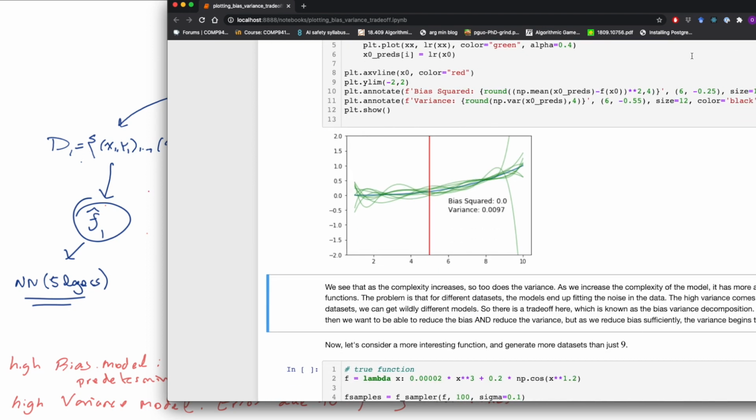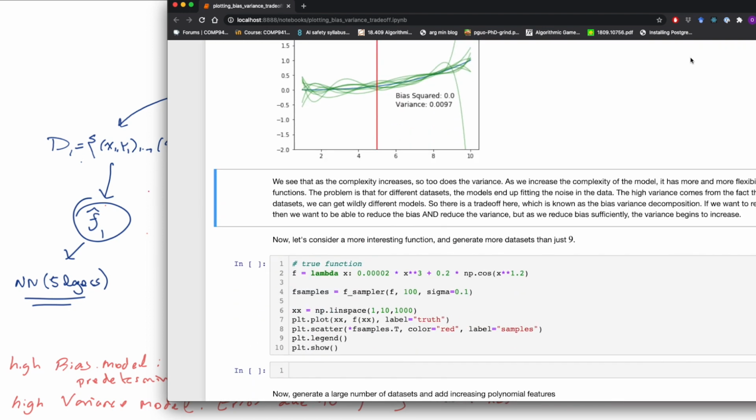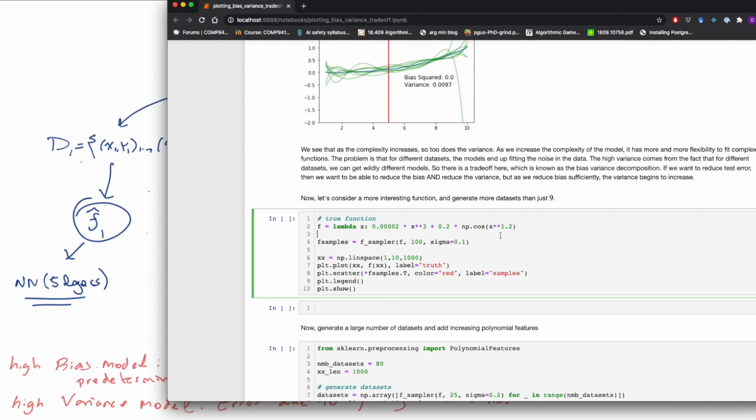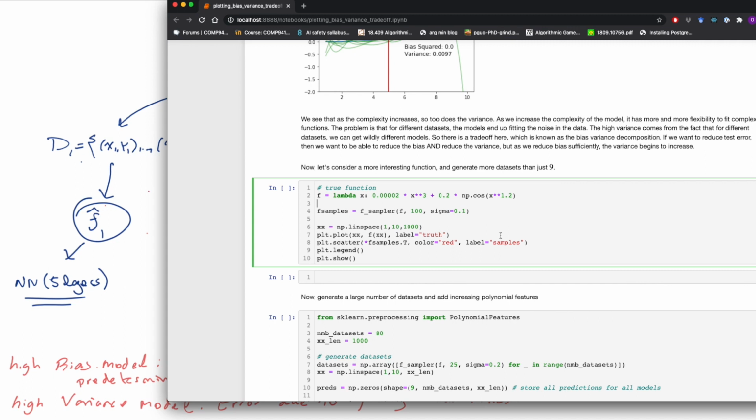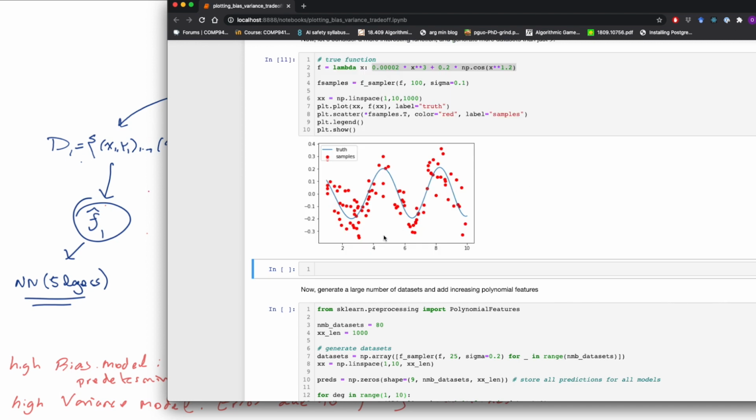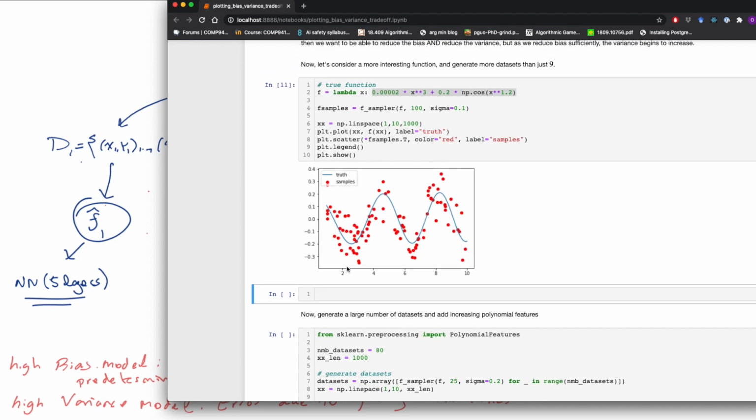All right, so what I do next in this notebook is, well, I've only looked at 9 data sets, so let's look at more data sets. I'm going to do, I think, 80 data sets here, and here I changed the function to be something a little bit more exciting, so it looks like this. But same exact process of picking a true function, then sampling from the true function.